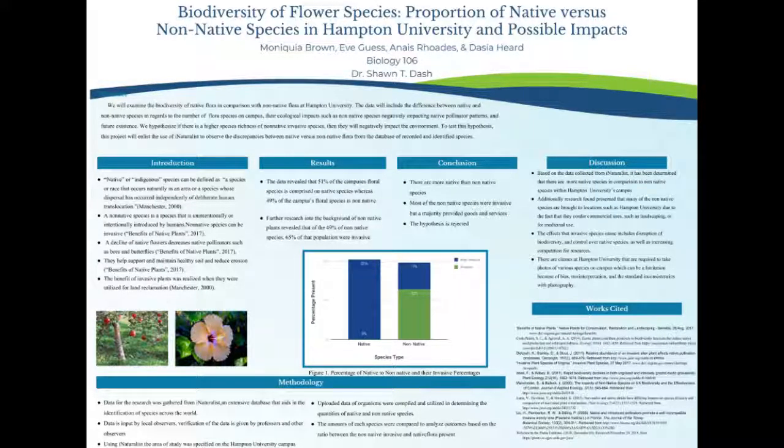Other plants that are introduced by the university must also interact well with the existing species on campus. By doing this, Hampton University can remain a successful habitat that contains an abundance of biodiversity.